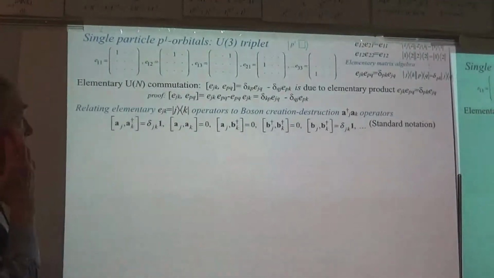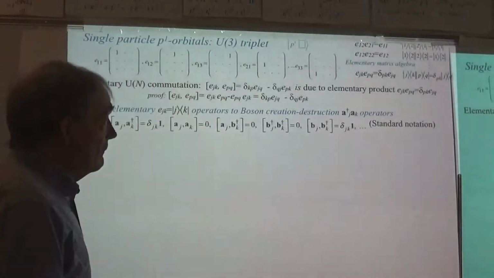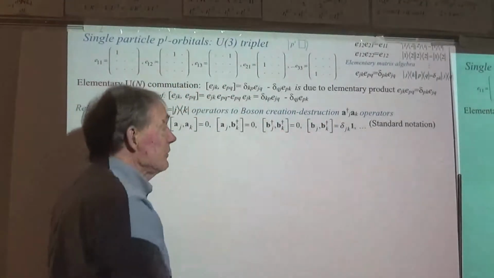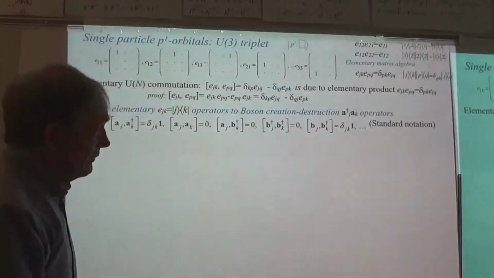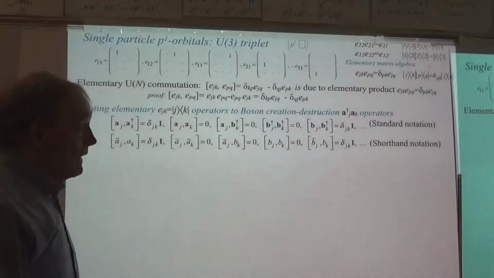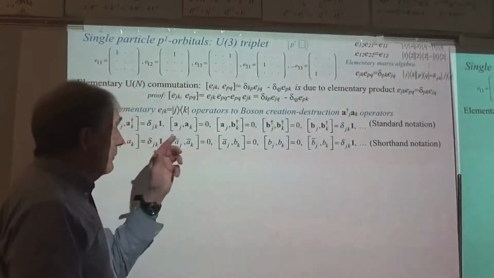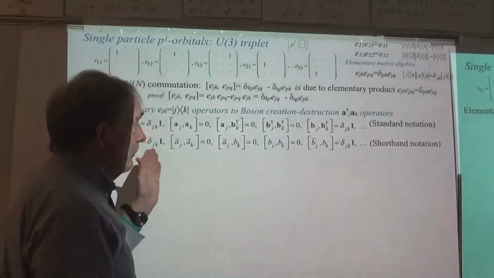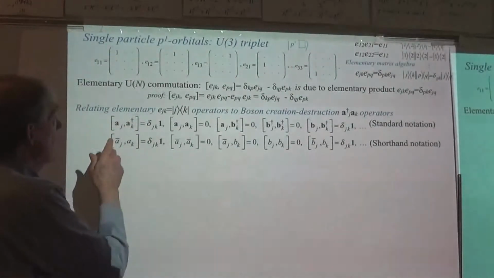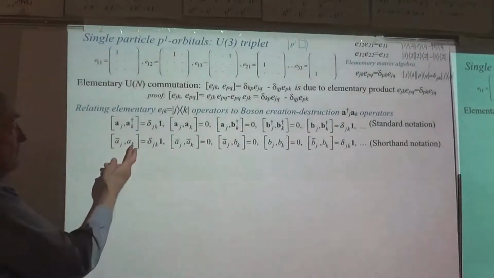Now, what we need to do is relate these to the boson creation and destruction operators. And this is the standard notation for quantum mechanics. But when it comes to actually doing the mathematics of them, if you have to write these things a lot, particularly if it's the creation operator that you'll be writing the most, then you make the creation operator, that's this one, just be an A, and have a subscript if it's a multidimensional problem.